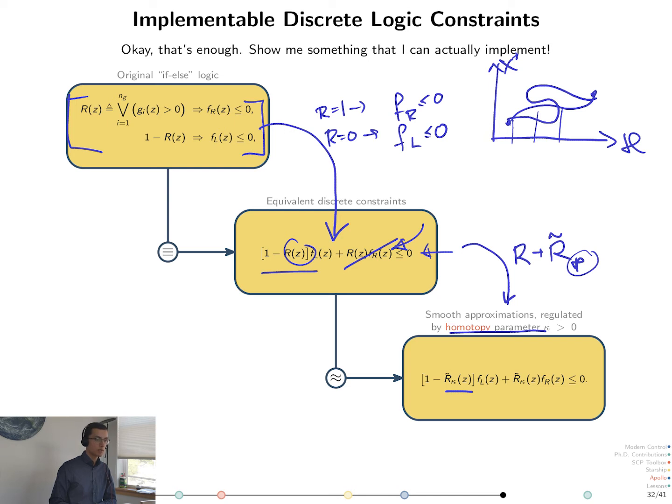So the tilde means it's generally a different function. Kappa, on the other hand, is what's called a homotopy parameter, which as you increase it, will make R tilde kappa converge to R. As kappa grows big, this thing essentially becomes indistinguishable from R itself.